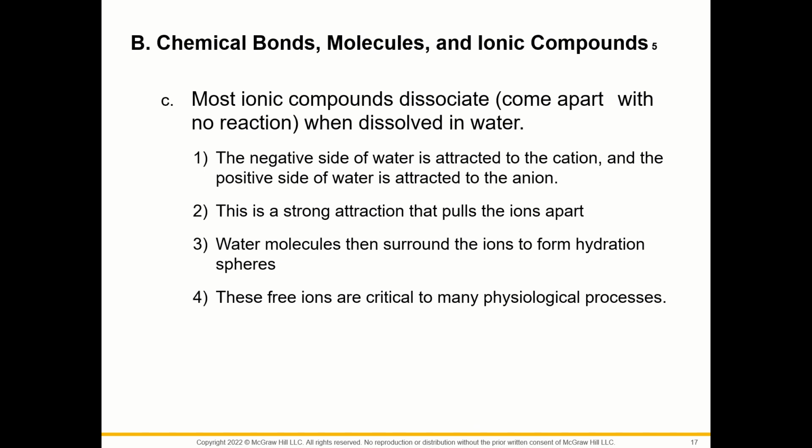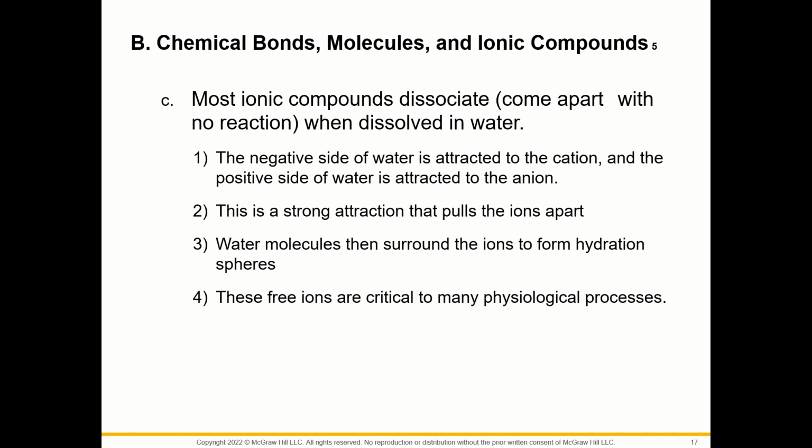And that's why when ionic compounds are put in water, they dissolve, because of the polarity of the water molecule. So the negative side of water is attracted to the cation, and the positive side of water is attracted to the anion.